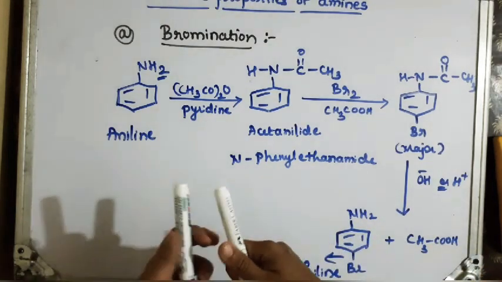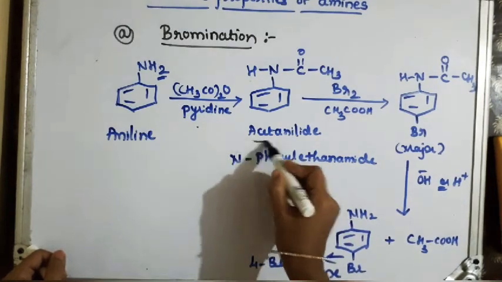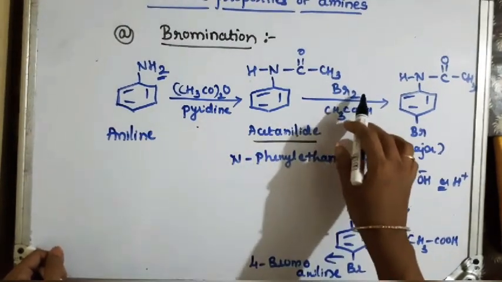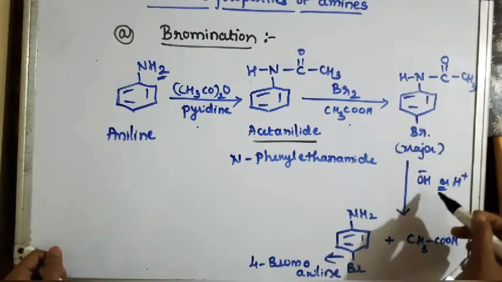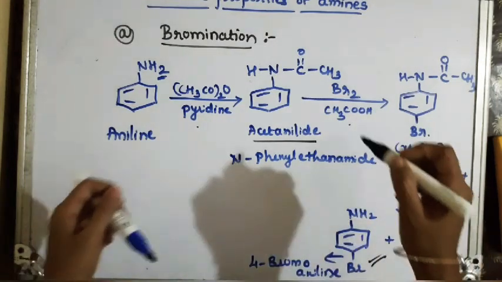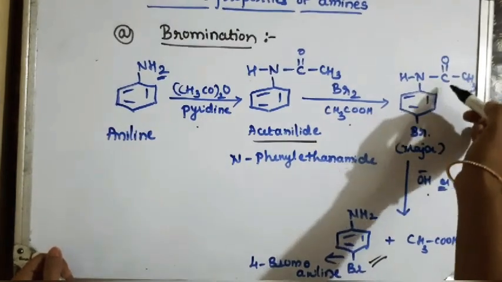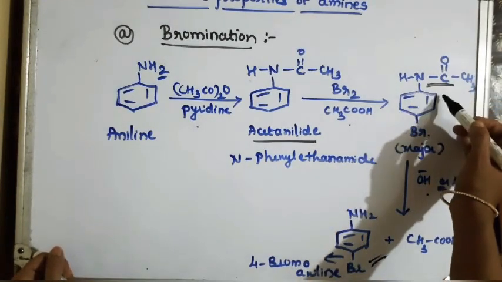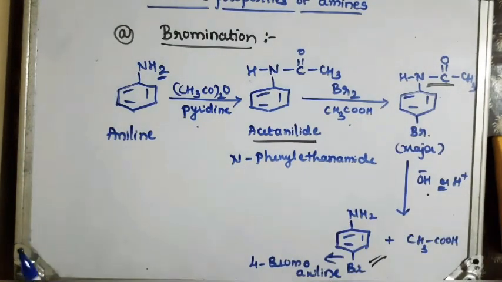First, aniline is treated with acetic anhydride in the presence of pyridine, which gives acetanilide, which is treated with bromine in acetic acid, forming para-bromoacetanilide, which on hydrolysis gives para-bromoaniline. Okay, para is the major product because of its stability. If it is at ortho, then there is a steric hindrance between these two groups. So we are getting para as a major product.